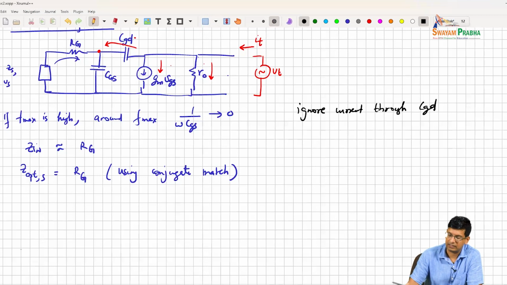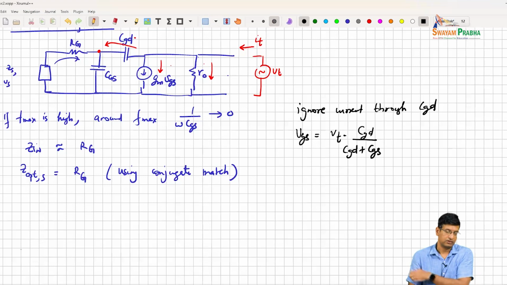And we can basically make the argument that VGS is going to be VT times this capacitive divider. So that is going to be CGD divided by CGD plus CGS, right?